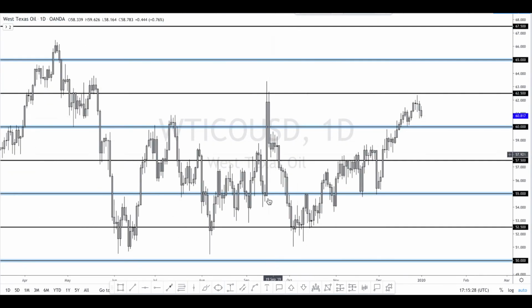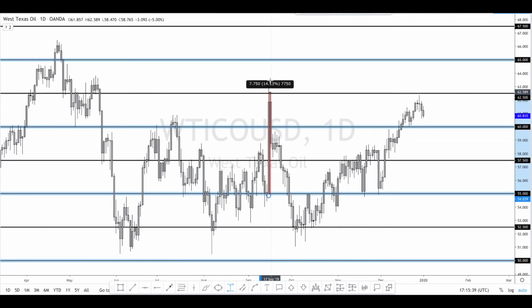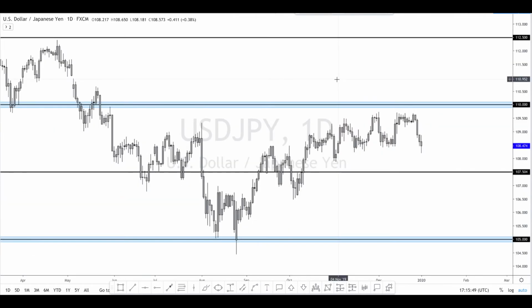Let's think about oil. Due to some fundamentals, I think an oil refinery got bombed or was a victim of a terrorist attack, and oil rallied up. Oil rallied nearly 15% and immediately reversed and went lower than the catalyst which sent oil higher. So it's another form of manipulation.